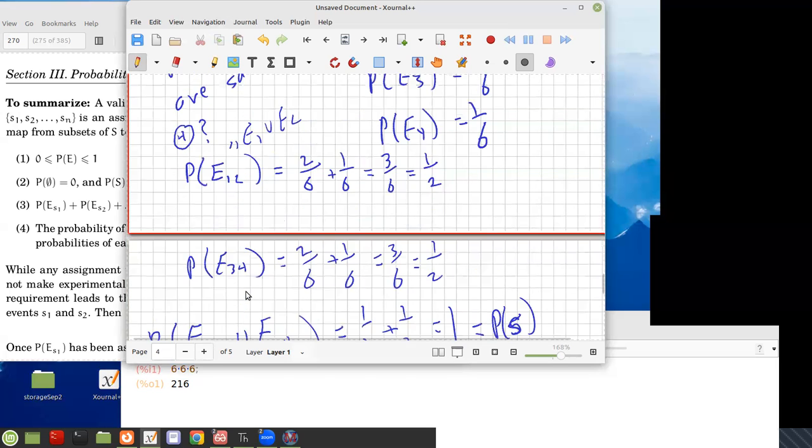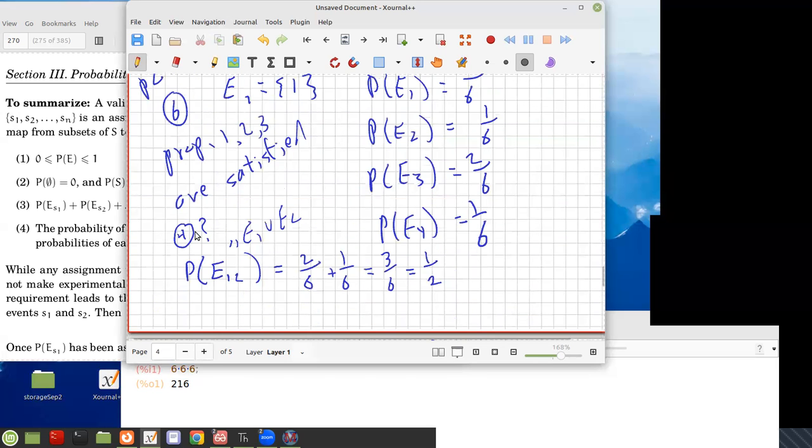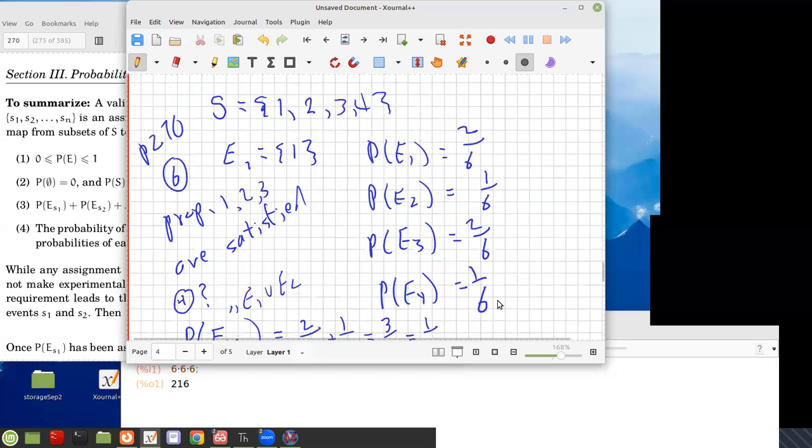So the only way to really get a contradiction with property 4 would be if we gave more probabilities. Like if I defined the probability of E2,3 instead of as 3/6, or 1/2, to be something else, so it wasn't equal to the sum of these ones here.